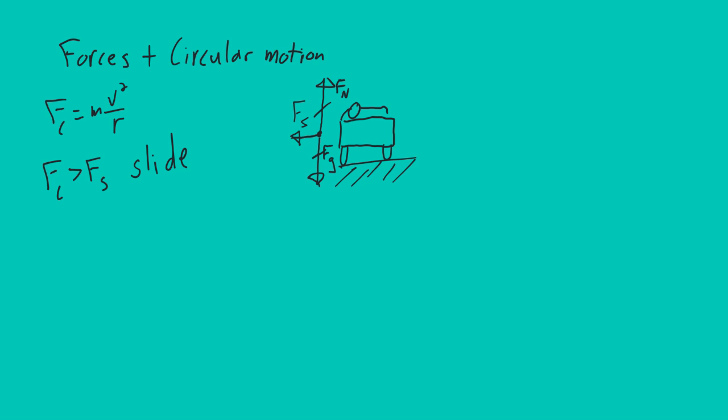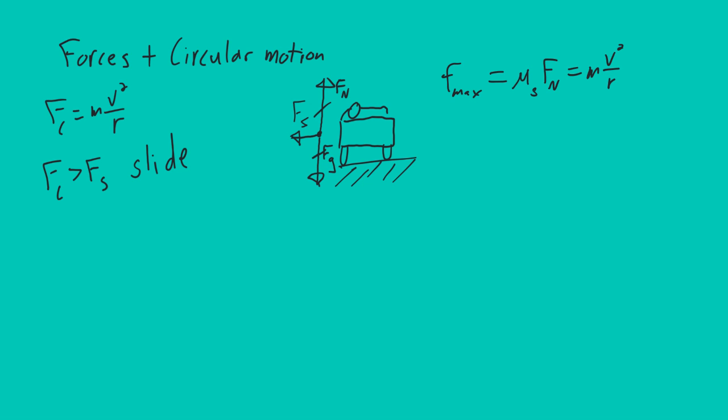The first thing that they do in the problem is they identify that the force maximum is going to be equal to our mu of static friction times that normal force, which is equal to the force of circular motion, right?